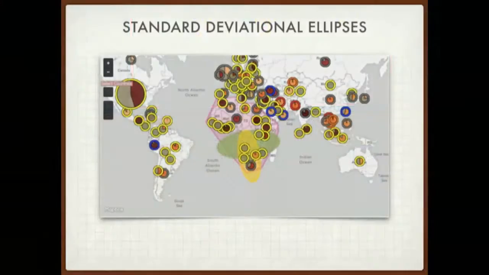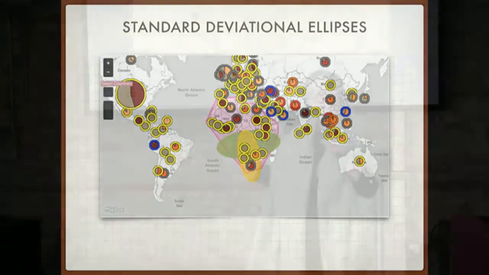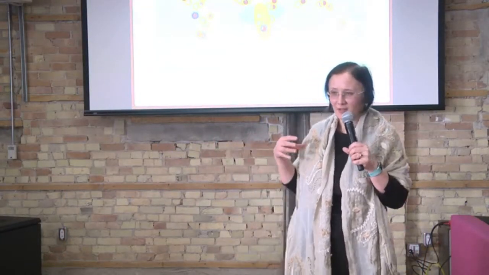Besides this, you can combine this with spatial analysis, and you can look at the standard deviational ellipses, and you can see where the center of incoming relationships is and where the center of outgoing relationships is.